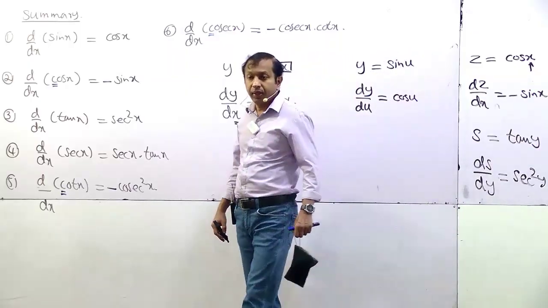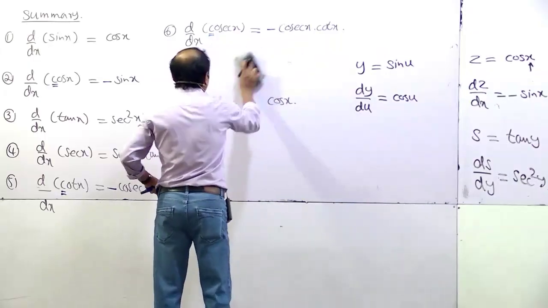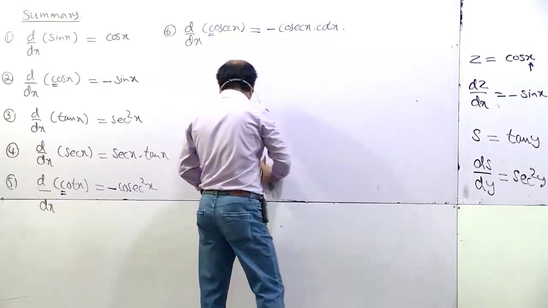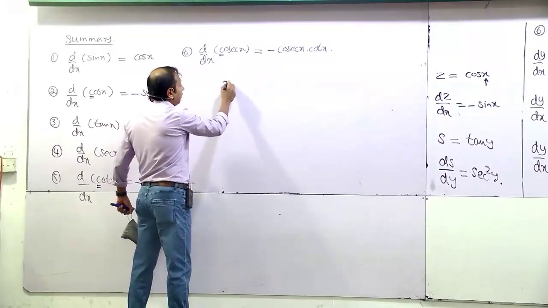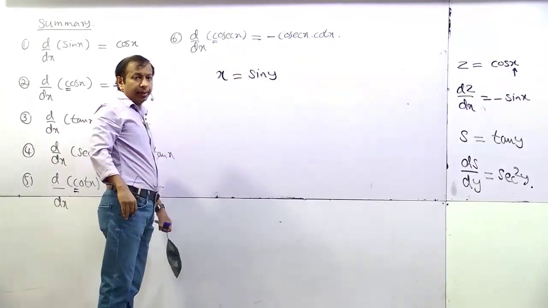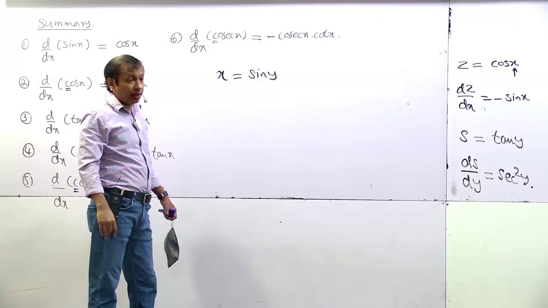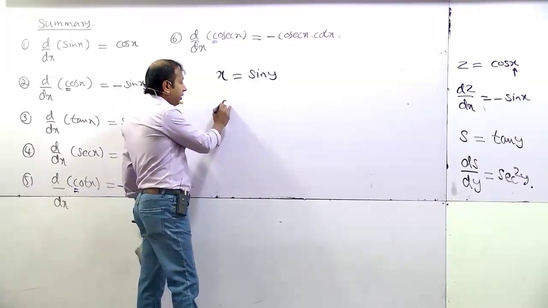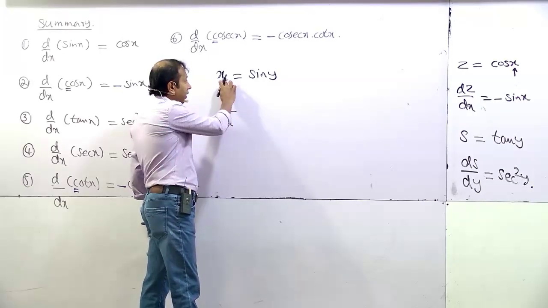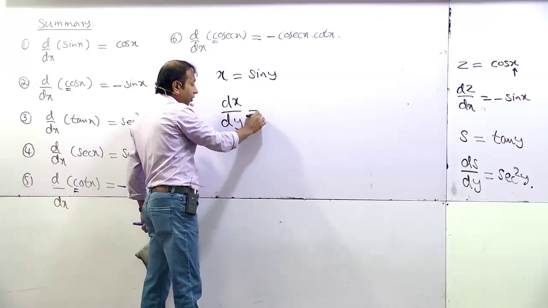Okay. Right. Now suppose we are given this way, x equals sin y, right? Then what derivative can we find? x comes in here, the right-hand side y comes in here, dx upon dy we get.